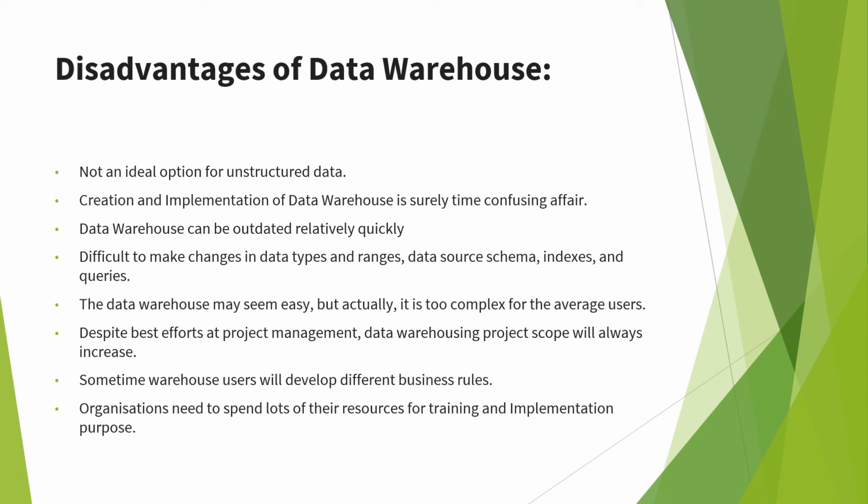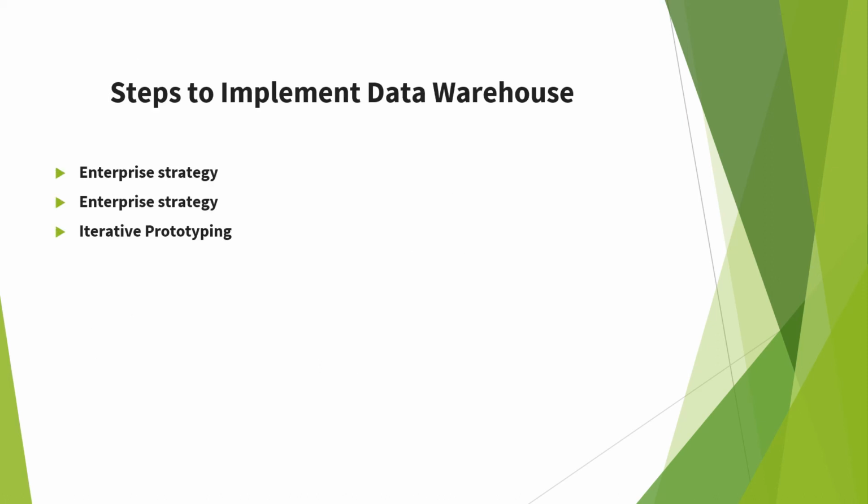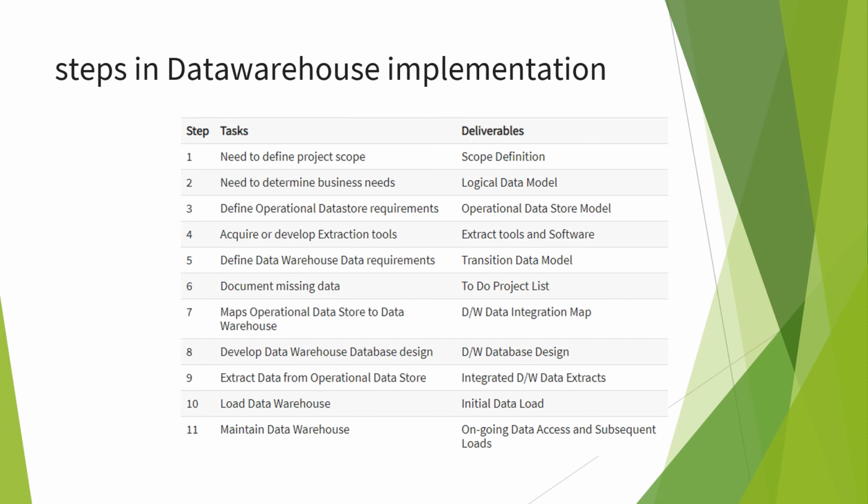Despite the efforts at project management, data warehousing project scope will always increase. Sometimes warehouse users will develop different business rules. So, the steps to implement a data warehouse: we have enterprise strategy and iterative prototyping.